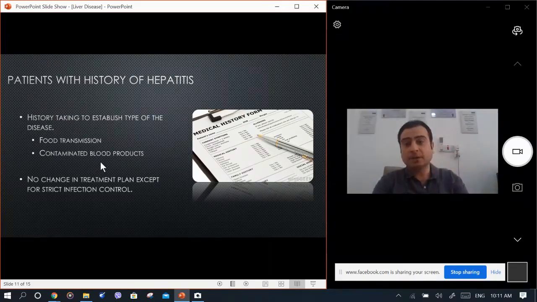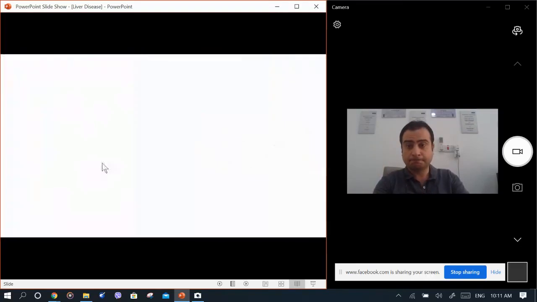Patients who have anemia, like severe sickle cell anemia, which requires several transfusions, might receive a contaminated blood product, and they will eventually have hepatitis B or C or sometimes even HIV. For those patients, we need to establish whether they are chronic active carriers or not, which we will discuss in the second slides.